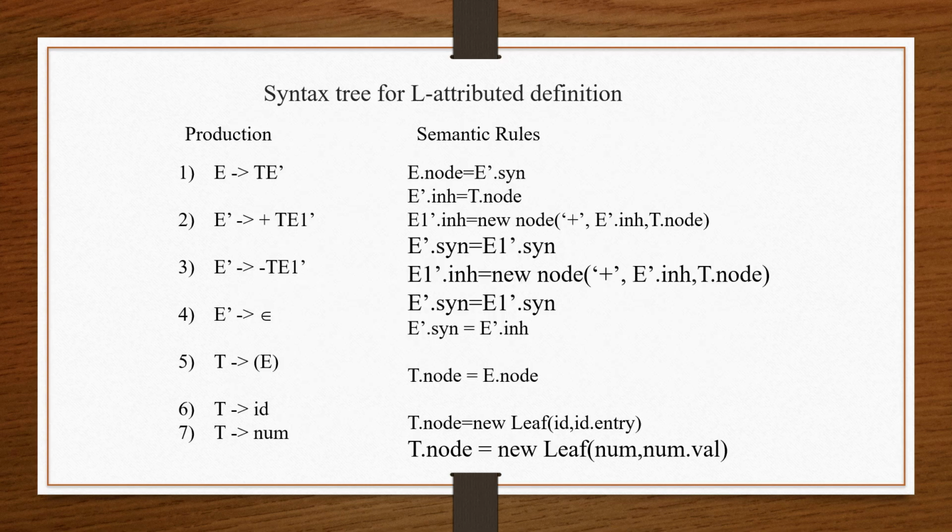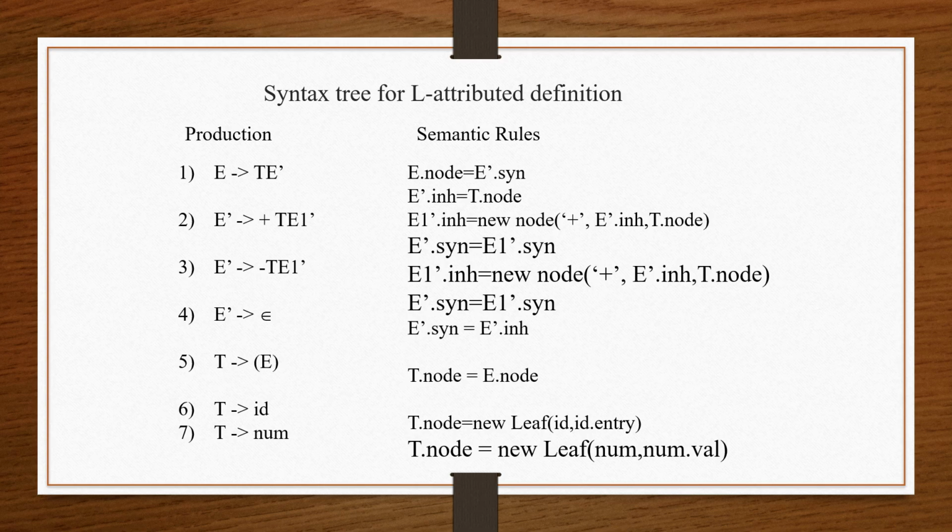Now let us consider one more example, syntax tree for L attribute definition. The rules for building a syntax tree in this example are similar to the rules for the previous one. What is that? Desk calculator example. Okay. So here in this particular example, the non-terminal E dash has an inherited attribute INH and a synthesized attribute SYN.